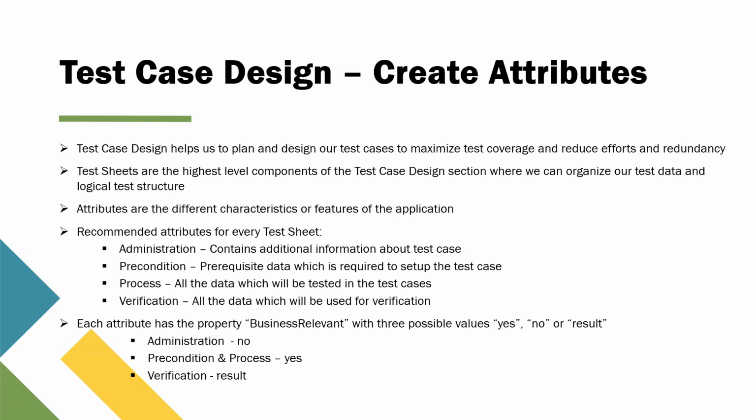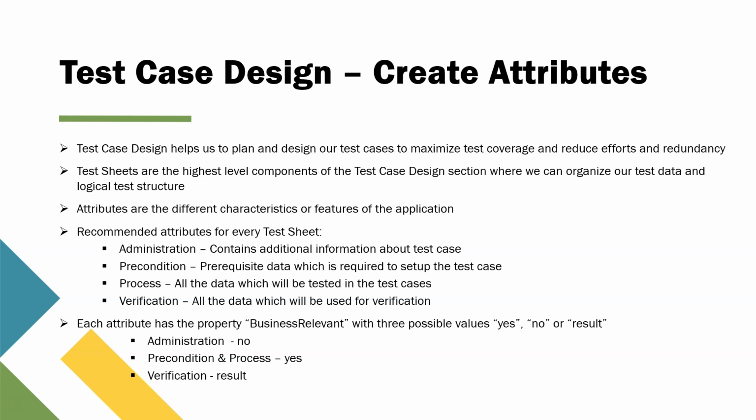Now, administration would probably fall under not business relevant because it does not contain any actual data. It contains some additional information, which is not required for us to consider when we are designing our test cases, right? So the business relevant could be set to no. Precondition and process will probably fall under business relevant yes, because they contain actual data which we will be using to design our test cases.